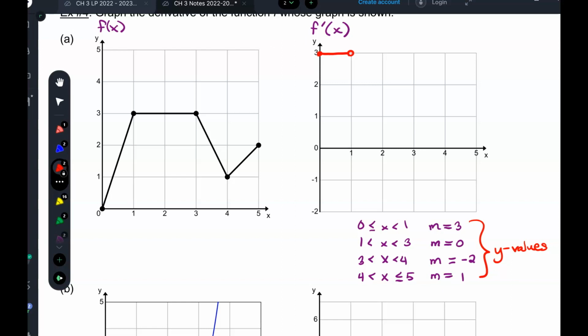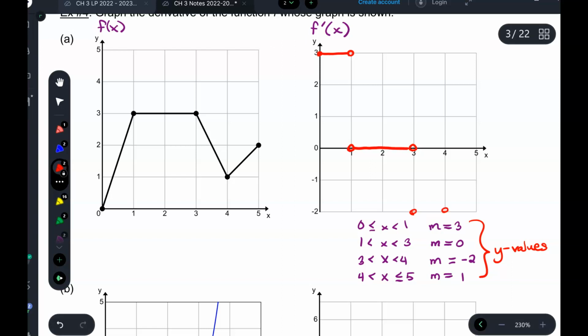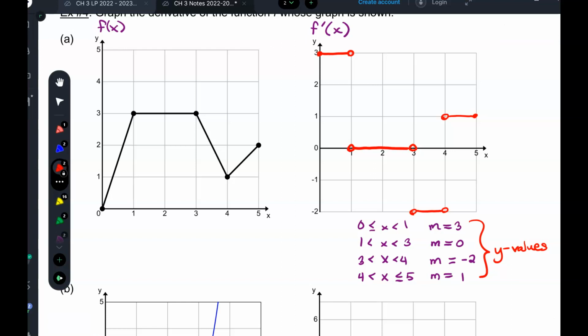So now we're down on the x-axis. So I'm going to go from 1 to 3. Both of those are open circles. Okay. 3 to 4. Now I'm going down to -2. So I put open circles there as well. And finally from 4 to 5, I'm going to go to 1, and I'm going to just have that endpoint as a closed circle.